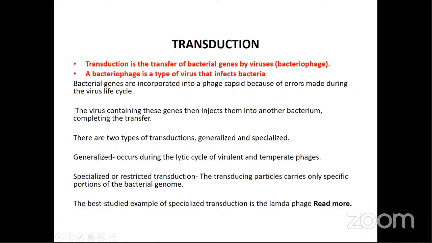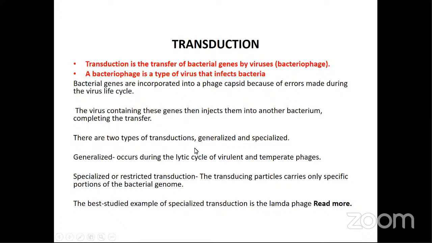It is an accidental infection anyway. Bacterial genes are incorporated into a phage capsid because of error made during the life cycle of the virus. Once the virus infects the bacteria, it will take it up. So the virus containing this gene then injects it into another bacterium, completing the transfer.